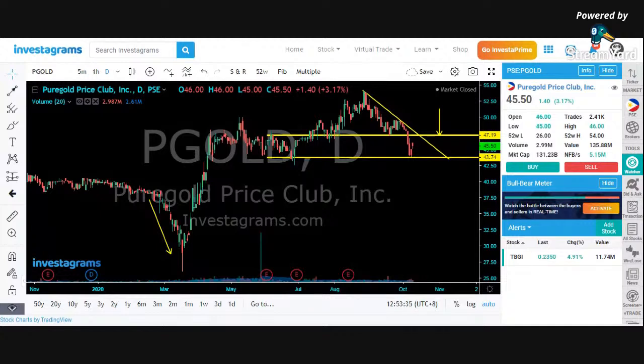So this is the chart analysis. Even without an indicator, you can see what the price action is showing. This is very important for me and for all the traders. When the price is going up, don't chase the price.